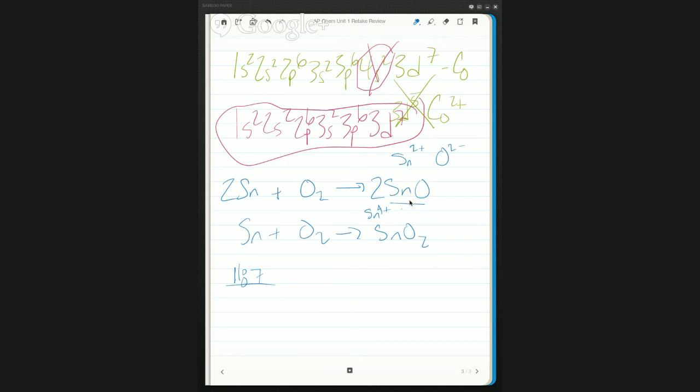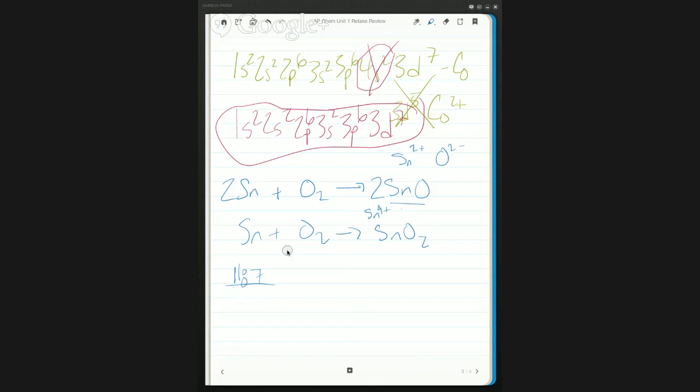So if it's SnO, it's 118.7 divided by 118.7 plus 16, which means it's 134.7, times 100, which will give you the percent of tin in tin oxide.